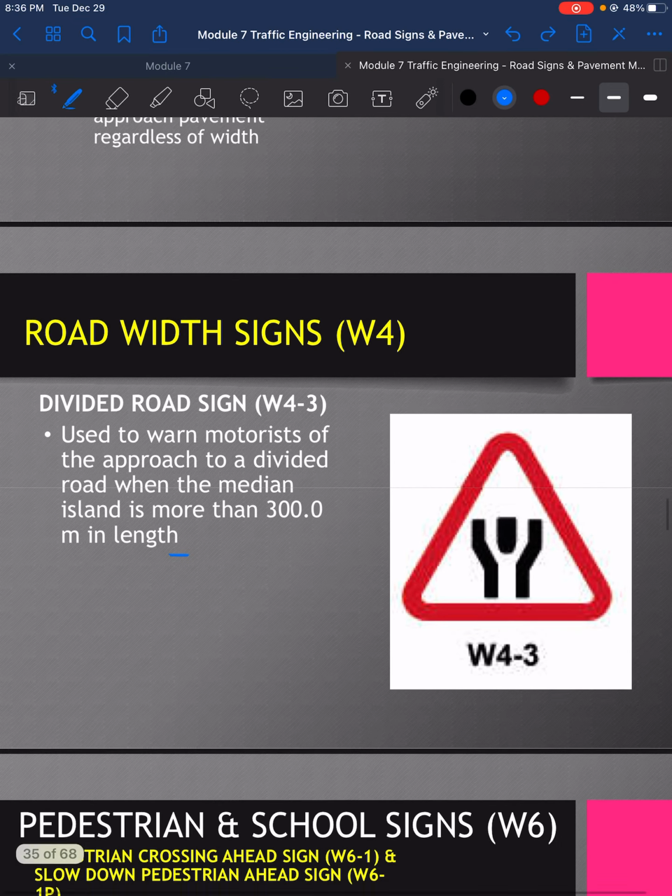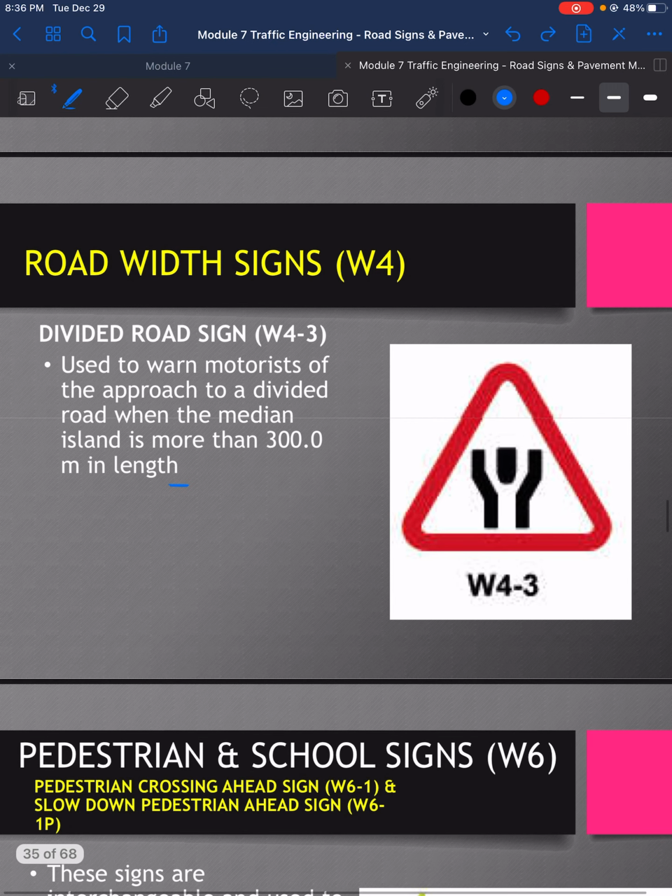Divided road sign or W4-3, used to warn motorists of the approach to a divided road when the median island is more than 300 meter in length. So itong median island na to is more than 300 meters in length.